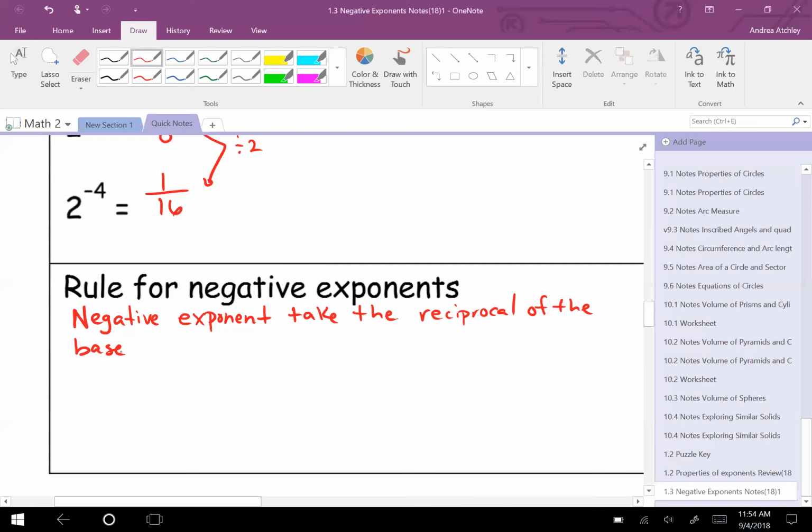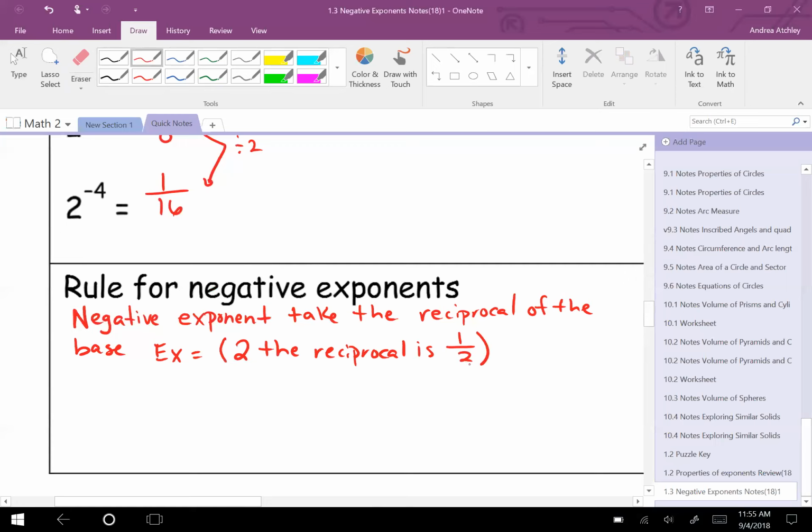Okay, so negative exponents, you're gonna take the reciprocal of the base. An example of the reciprocal, in this case, if your base is 2, the reciprocal is 1/2.